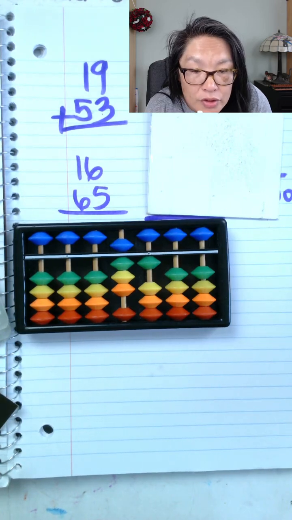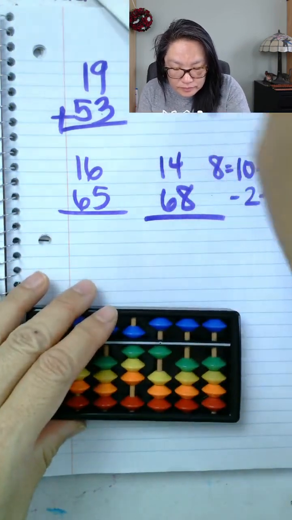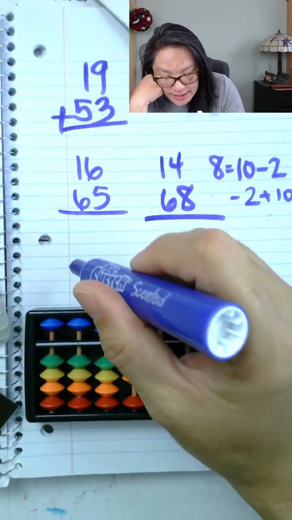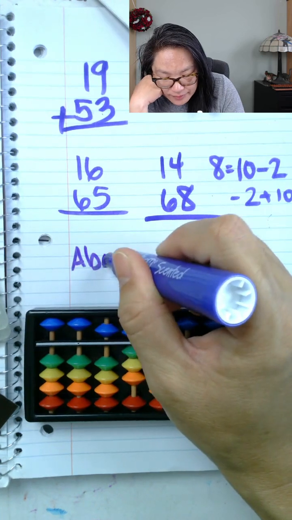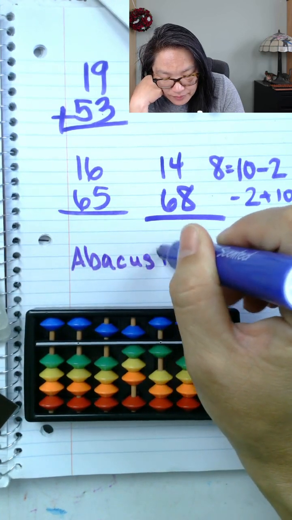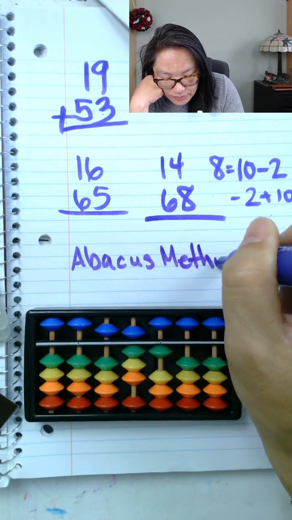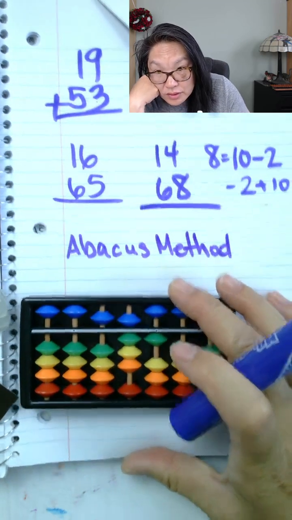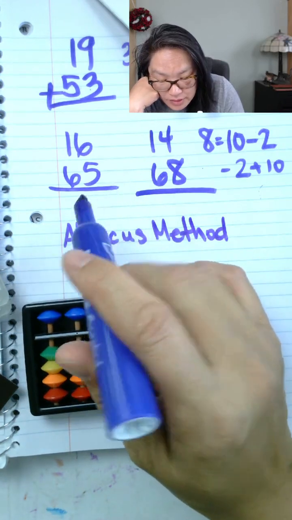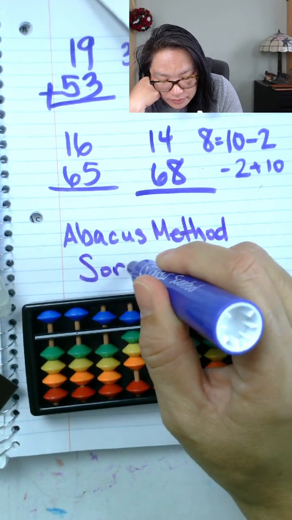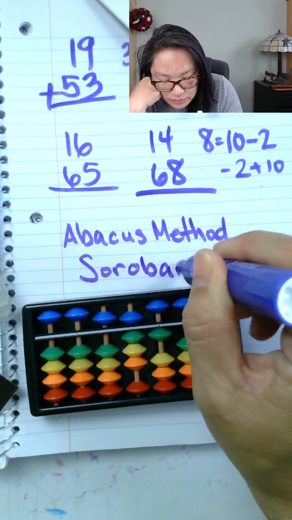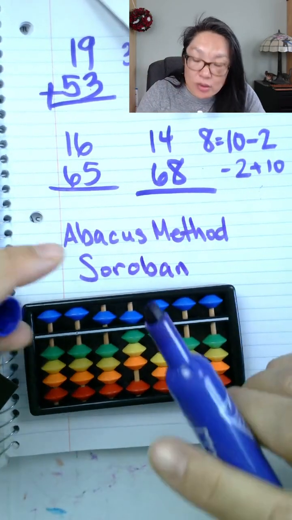Oh, the tool is an abacus. So this is an abacus. We're doing the abacus method. The tool is the abacus. It's also a soroban. It is different than Singapore math.